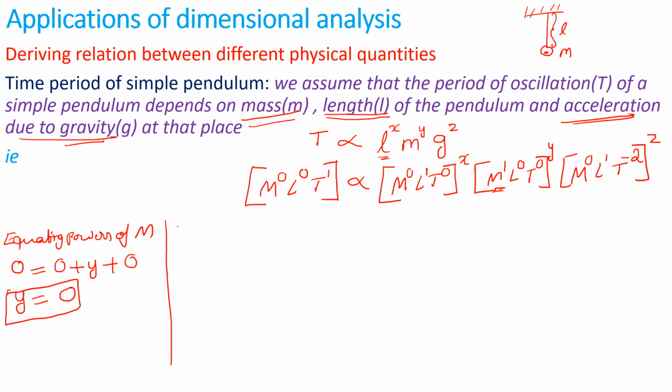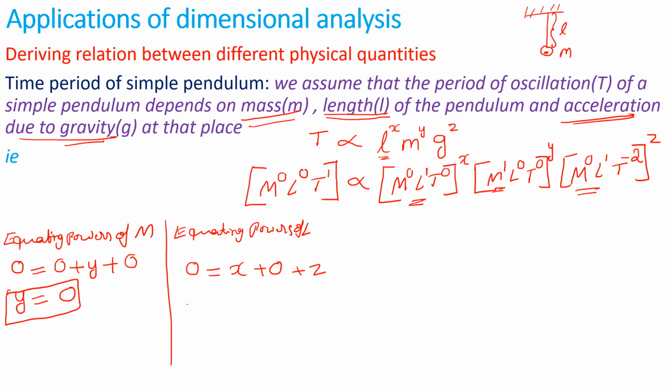Similarly, we shall equate the powers of L. What is the power of L on left hand side? It is 0. 0 is equal to L to the power 1 whole to the power x, that is 1 into x, that is x, plus again M to the power 1, L to the power 0 into y, 0 into y is 0, plus here third one L to the power 1 whole to the power z, that is 1 into z, that is z.